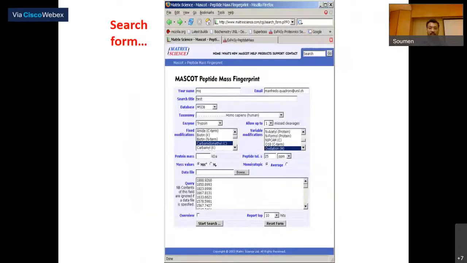And then you submit these masses to Mascot. So here it will ask for a name, search title, etc., and then it will ask you what enzyme you have used, and of course what the taxonomy is, and will choose the corresponding protein database.